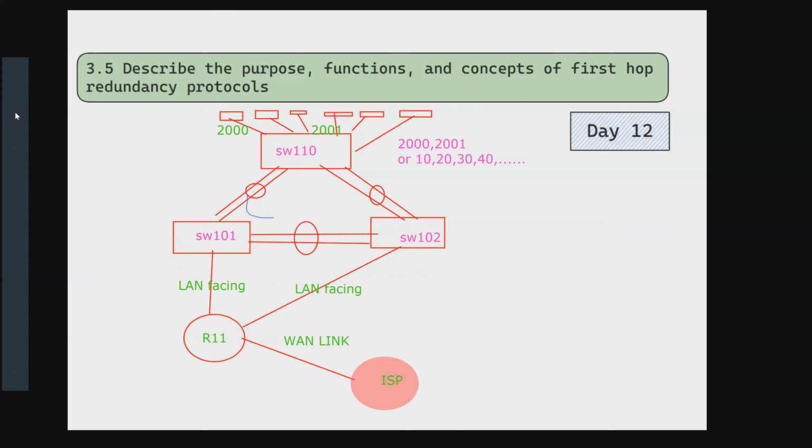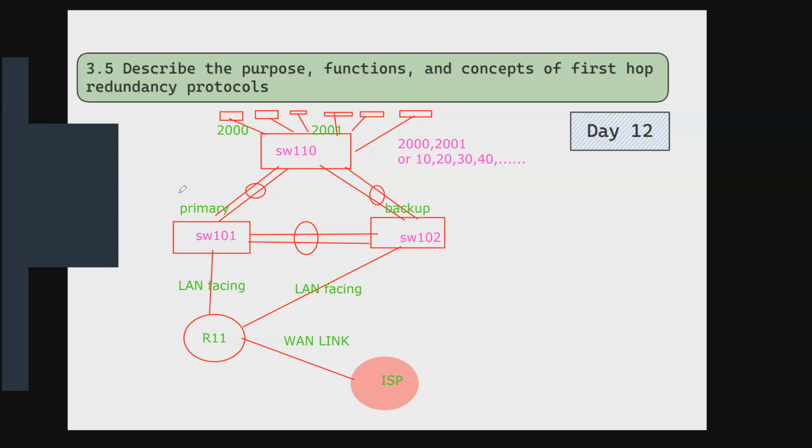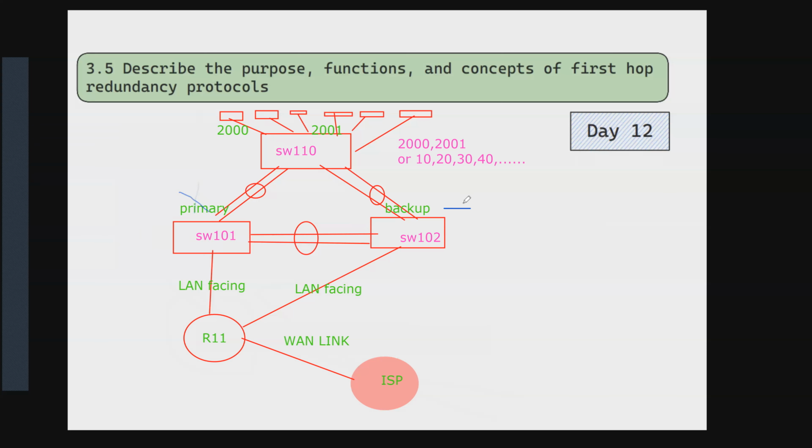So what we are doing is creating some sort of protocol technique where switch 101 will be my primary and switch 110 will be my backup. So now we have the concept of primary and backup. Now, if anything happens with the primary, if it is down, then the backup will become primary.